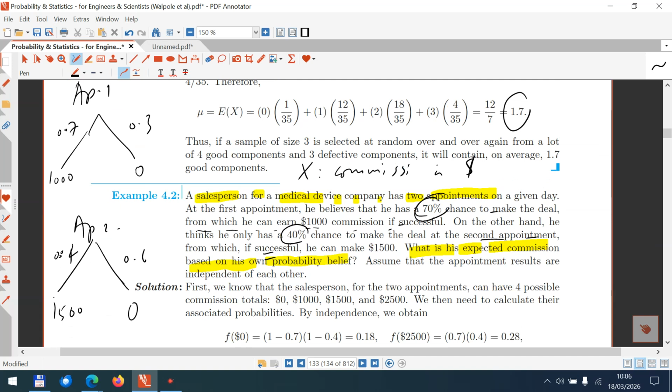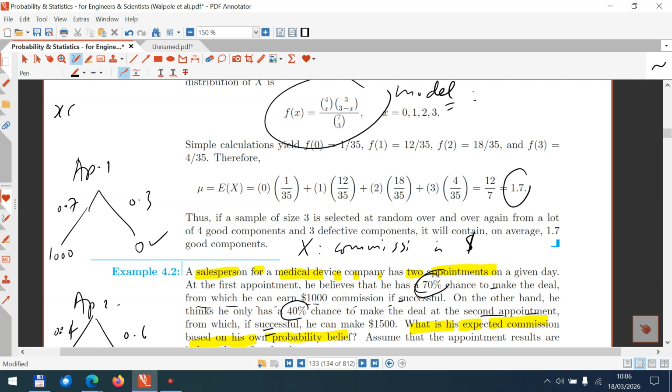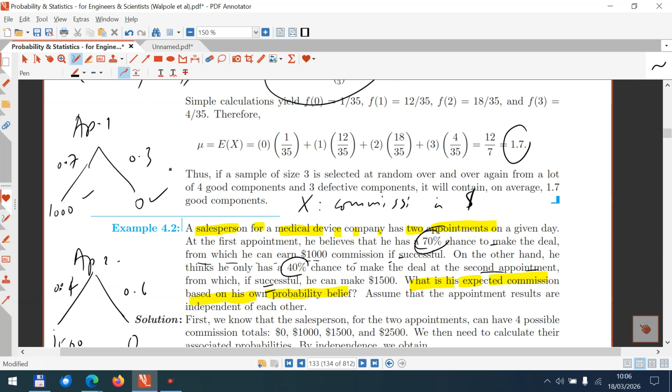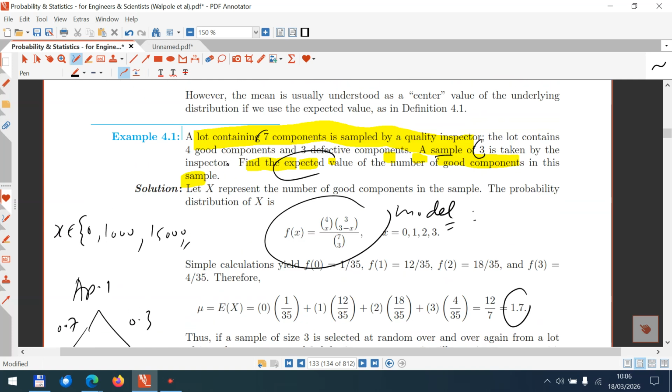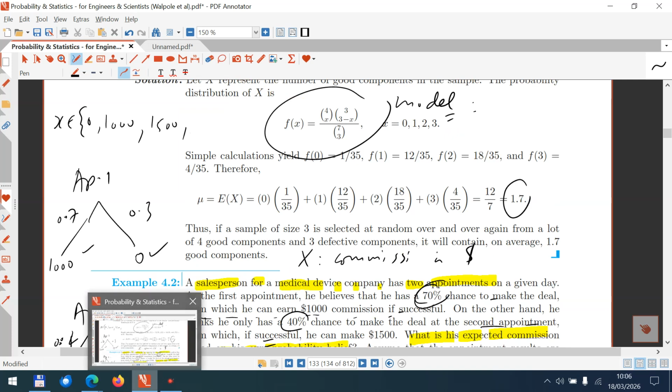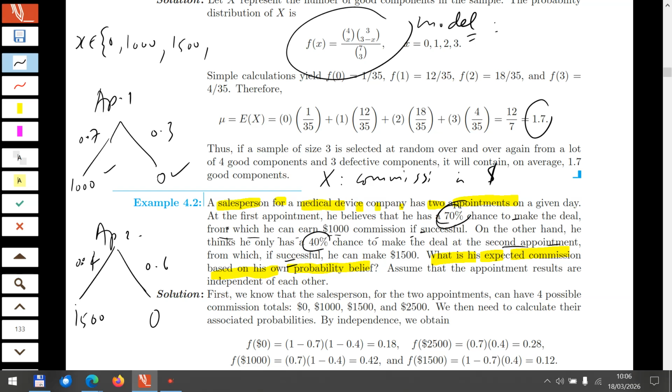So one possible value is that he gets no commission because both the deals are broken, right? So I can say x belongs to... one possible value is 0 when none of the deals work for him. 1000 is a possible value if only the first deal is successful and the second is not successful. 1500, sorry, 1500 is the commission if only the second is successful but the first one is lost.